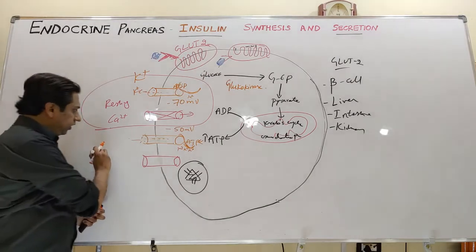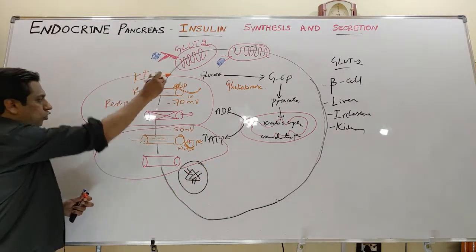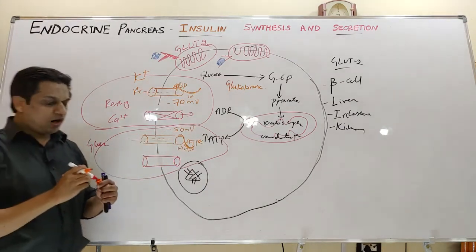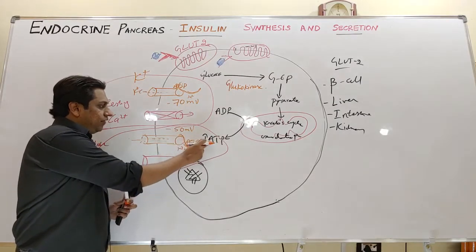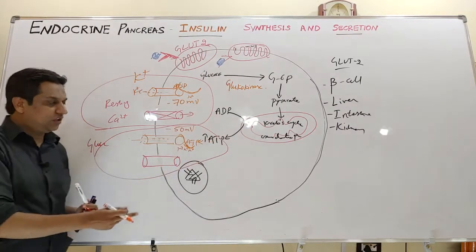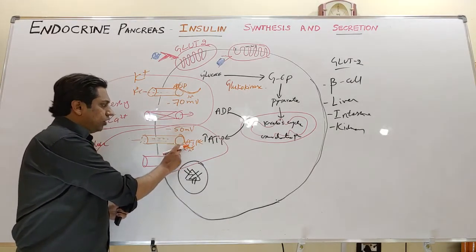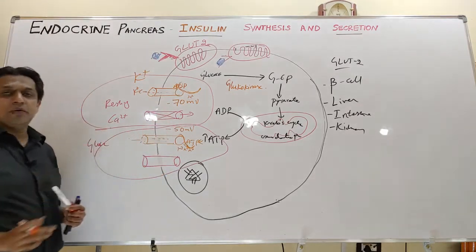Okay, now these changes I am showing here in these channels when the glucose enters this cell. So what glucose will do is, because of the increase in ATP, the ATP sensitive potassium channels are closed, and depolarization of the cell membrane takes place.